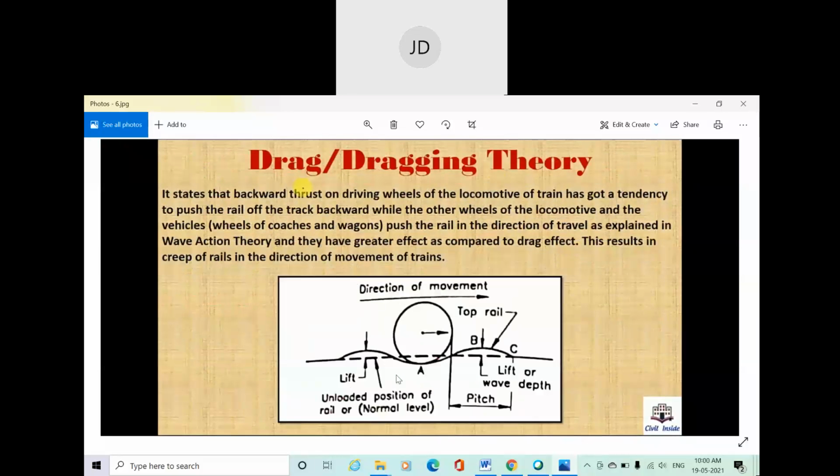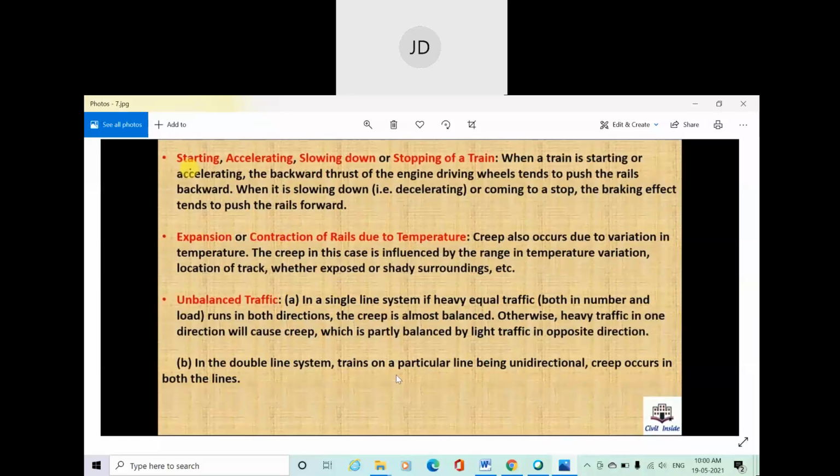Then drag theory, which is similar to wave action and mainly deals with the driving wheels of a locomotive, which experience a drag due to the number of compartments, or wagons, connected to the particular locomotive. Then we have discussed creep due to sudden starting and sudden stopping of the train, improper expansion or the effect of temperature, and it also depends on the traffic volume.